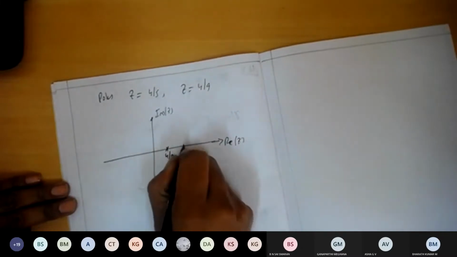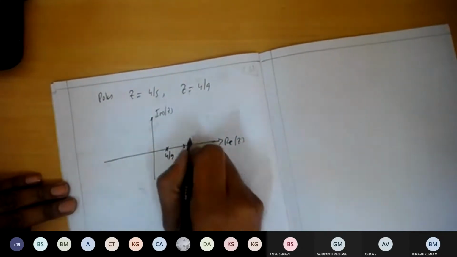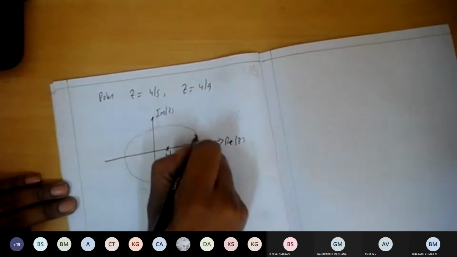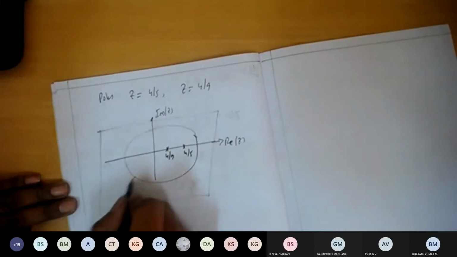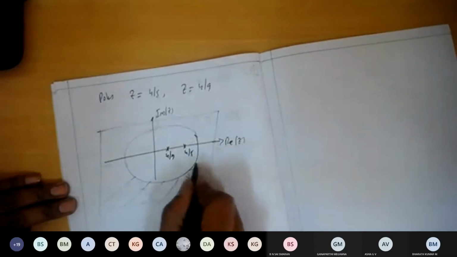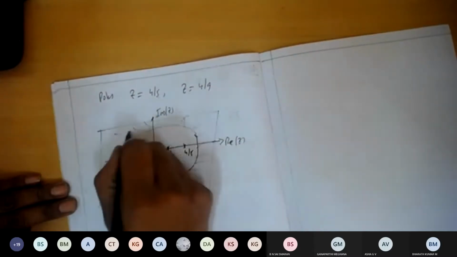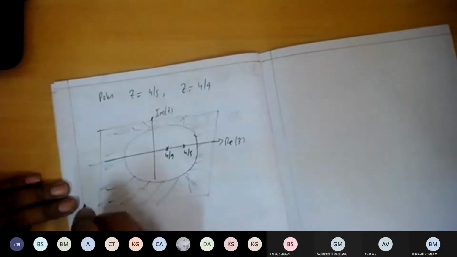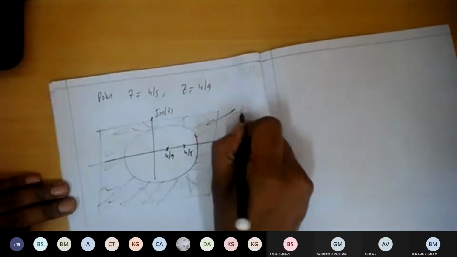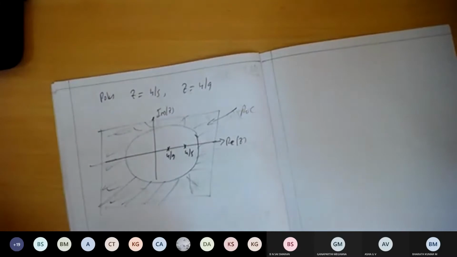So this is 4 by 9 and this is 4 by 5. The ROC is going to lie outside the circle. This is the region of convergence. This is the ROC.